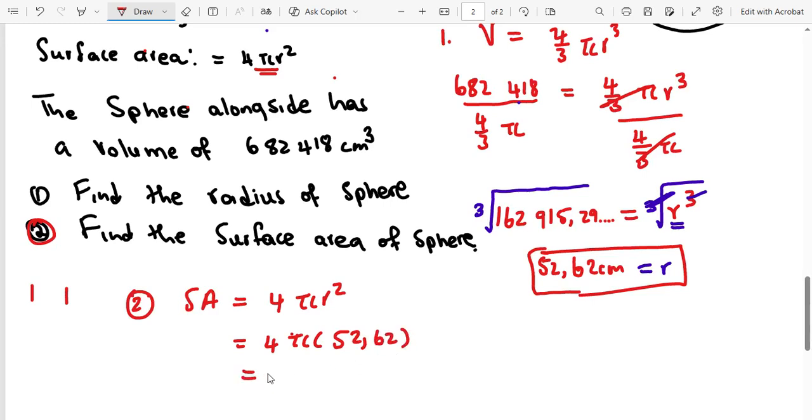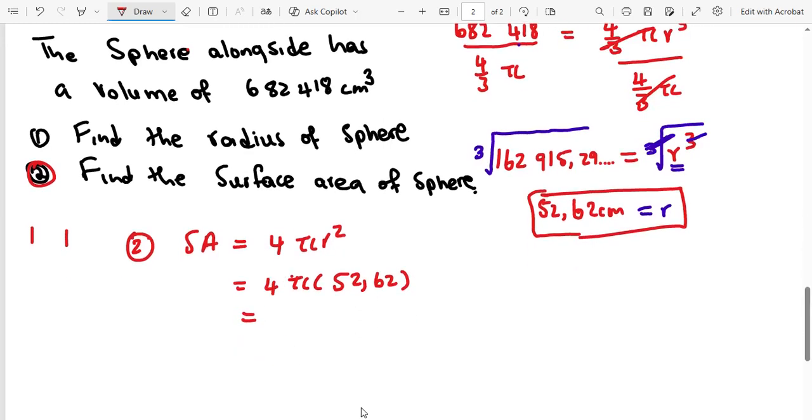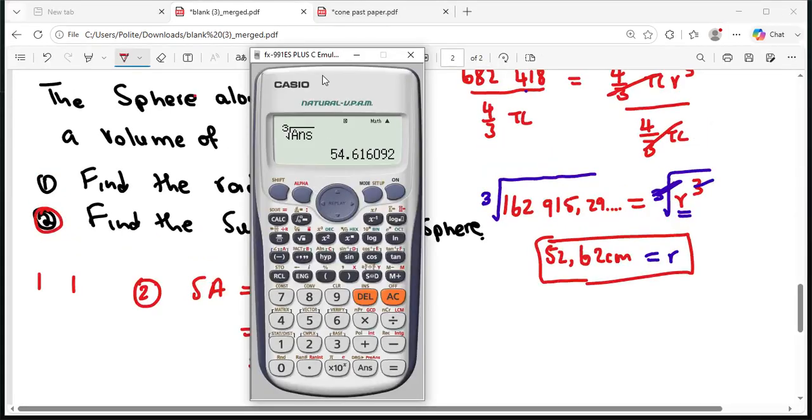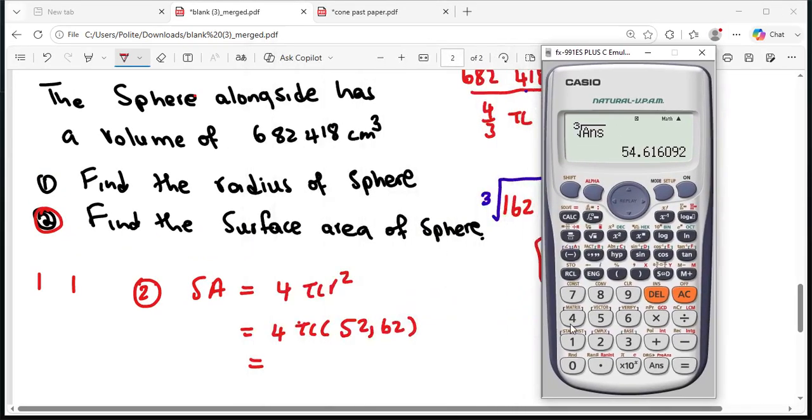You're just going to have to punch that on the calculator and see what you get. So this is 4 pi into the bracket 52.62. Then this gives us the area, but we forgot to square.